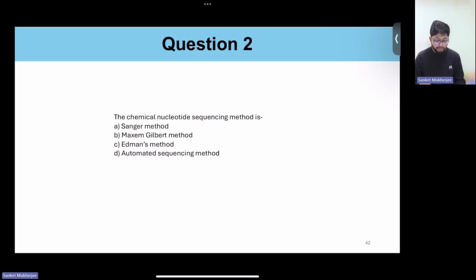The chemical nucleotide sequencing method is Maxam-Gilbert sequencing.